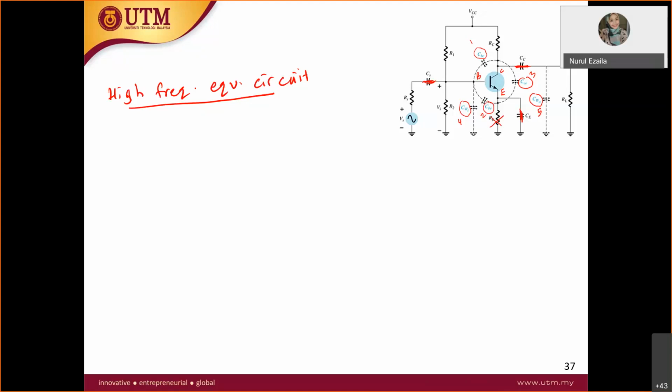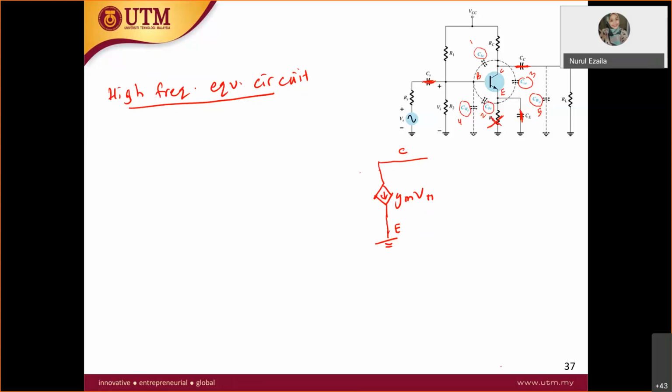I might have to draw at the center here. So you have gm v_pi, and you also have your r_o. This is the collector. The emitter here goes to ground because we no longer have RE over there. So it will be grounded. This is your emitter.